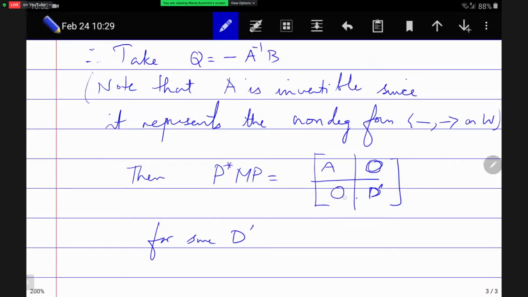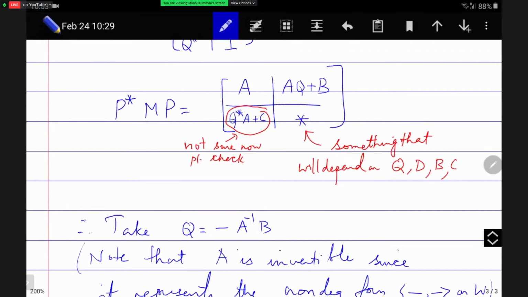We don't care. It will be automatic that the bottom left corner is also 0, so one doesn't have to explicitly check that. D prime will be something, and what exactly it is, we don't really need to worry. What we really need is that the top right corner became 0, and that we have managed.